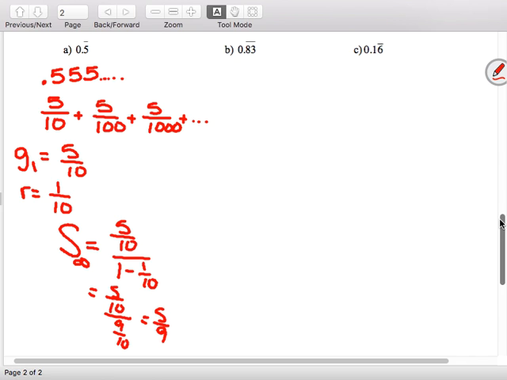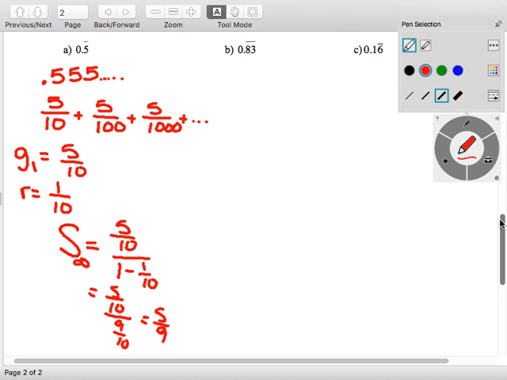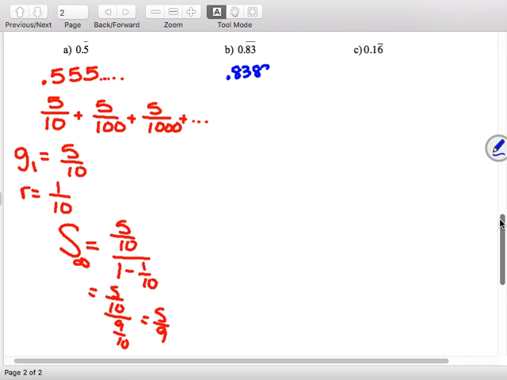So like I mentioned, the majority of the time there is this pattern going on, but you'll get stuck when you hit letter C with that. Letter B, this is 0.83, 83, 83, and so on. So that's 83 over 100 plus 83 over 10,000. I'm only going to do 2 terms.